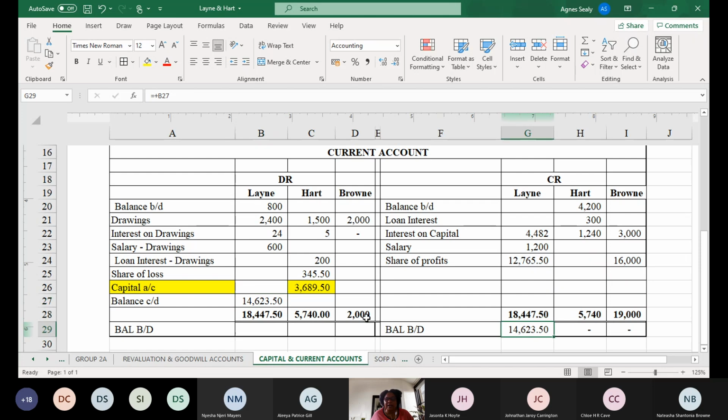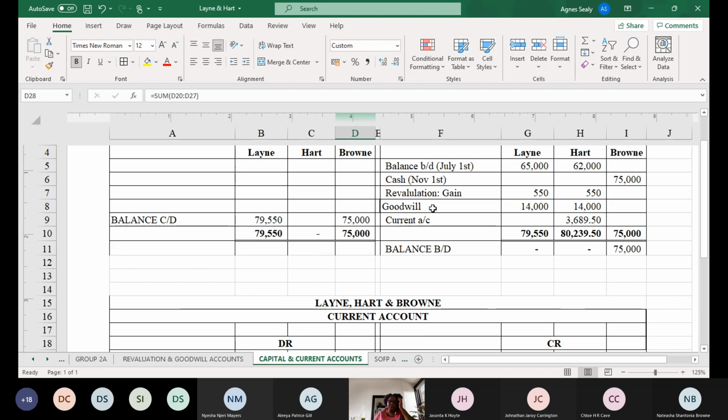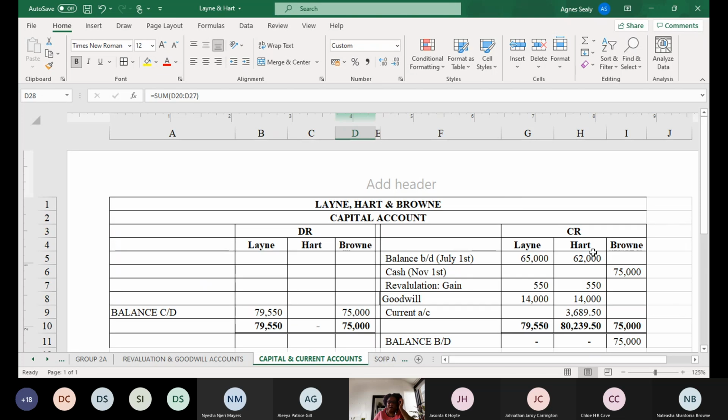So that's why it's a credit balance. For Brown, that would be $19,000 minus $2,000, $17,000. So Brown has a credit balance of $17,000. So this completes the current account for the partners. And then we just have to complete the capital account and close off Hart's capital account. But we already know that Layne and Brown have balances on their capital account of $79,550 and $75,000 respectively.